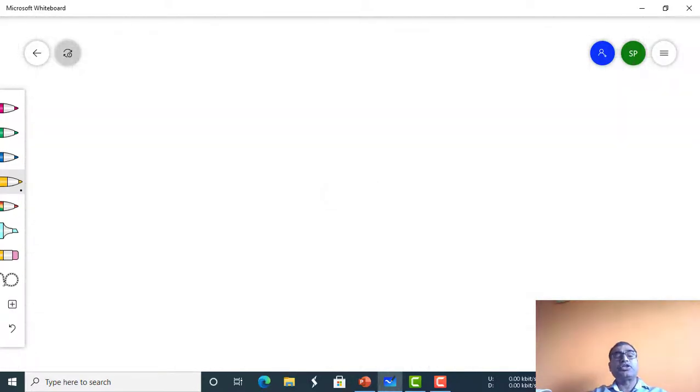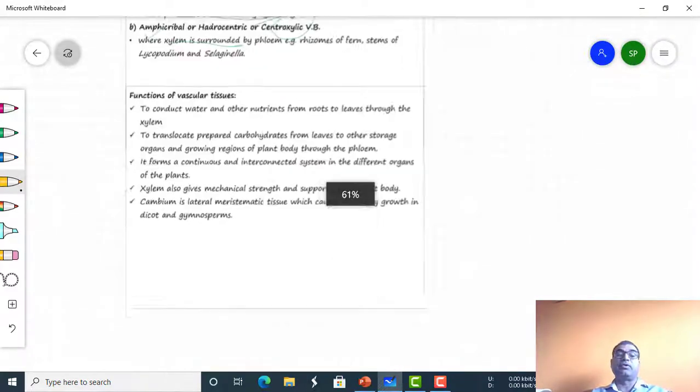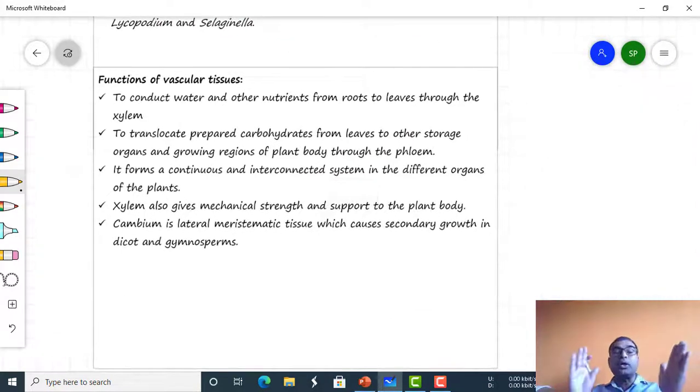Then the last point is, what are the functions of vascular tissue? To conduct water and other nutrients from root to leaves through the xylem, okay, the function of the xylem. To translocate prepared carbohydrates from leaves to other storage organs and growing regions of the plant body through the phloem. So, this is a function of the xylem, this is the function of the phloem.